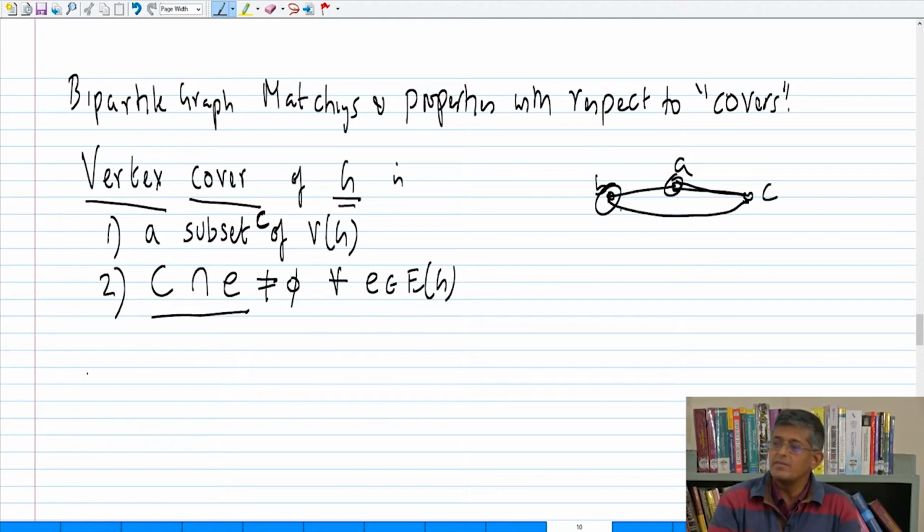So would you want to minimize the size of a vertex cover or maximize the size of a vertex cover? Obviously minimize, right? Because there is always a vertex cover which is the whole vertex set. It intersects all the edges, right?